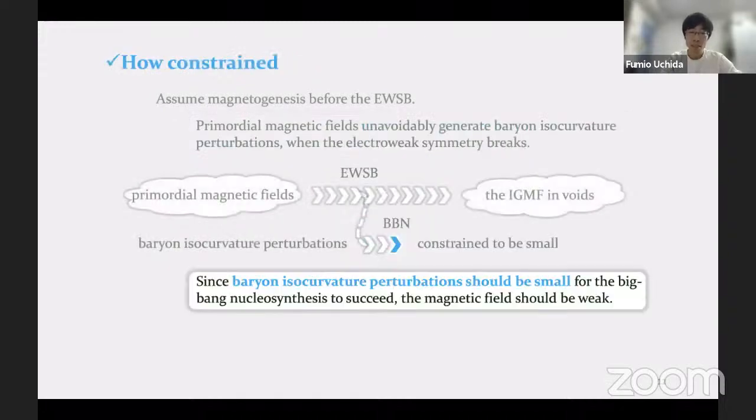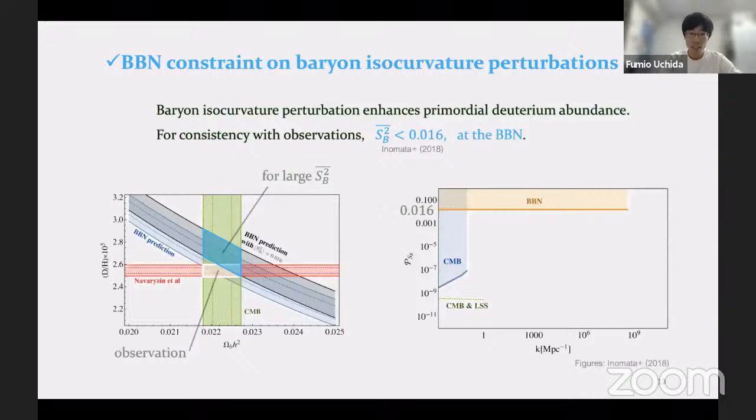The constraint comes from the BBN. I mean, if baryon noise curvature perturbations are too large, the BBN would be spoiled. Let me explain this point. This paper considers the enhancement of primordial deuterium abundances.